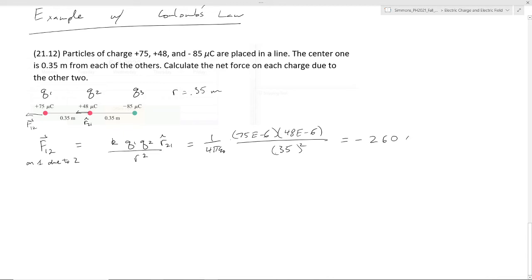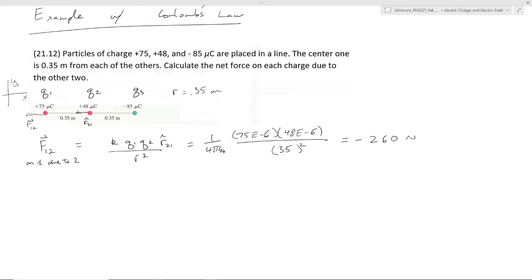And notice this unit vector R21, let's put this in a little more familiar notation.